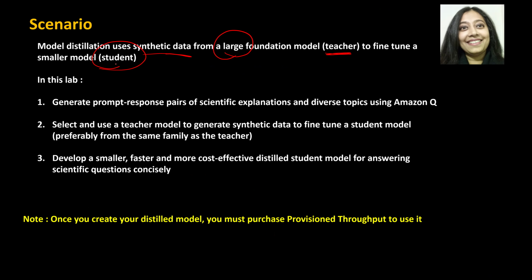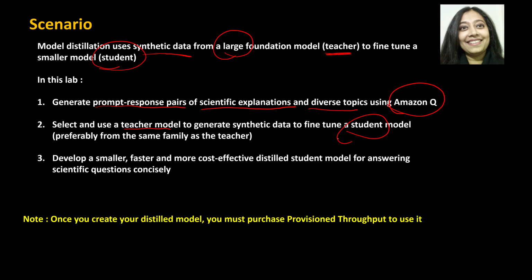So what are we going to do in this lab? In this lab, we are going to generate some prompt response pairs of scientific explanations and diverse topics using Amazon Q. Then we are going to select a teacher model to generate synthetic data using these prompt response pairs and fine-tune a student model, preferably from the same family as the teacher.